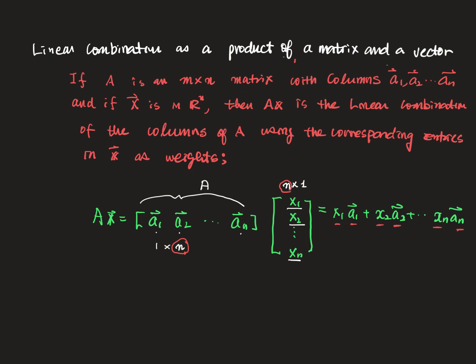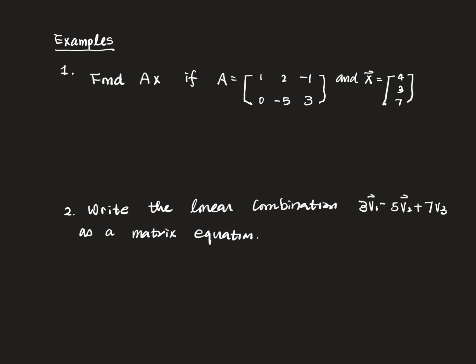I'm going to give an example of a matrix and a vector. Here we go. We're going to find a matrix times a vector. You're given a matrix in this form. Each column is a vector: this one is the a1 vector, here is the a2 vector, here is the a3 vector. So you have three column vectors. Here is the other way you write A: matrix A is the a1 vector, a2 vector, a3 vector.